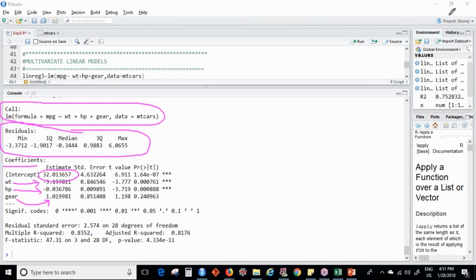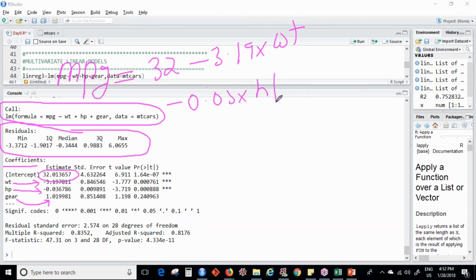So if I have to write down the equation now, how will it look? Miles per gallon is equal to 32 minus 3.19 into weight minus 0.03 into horsepower plus 1.01 into gear.